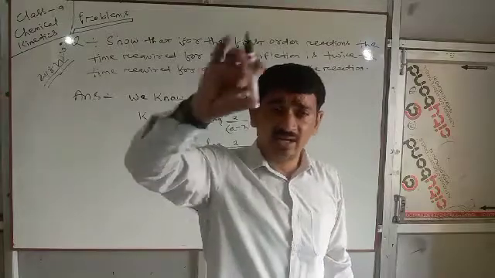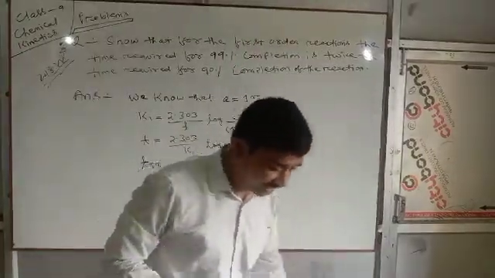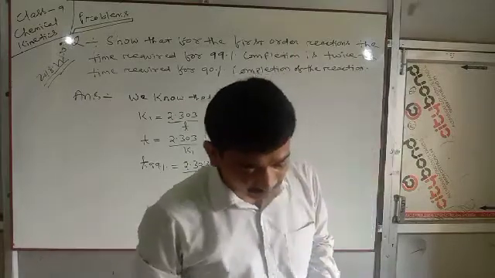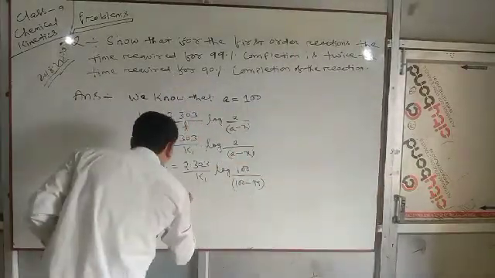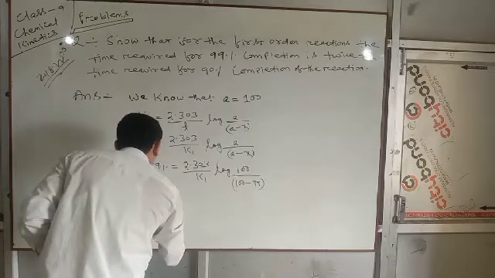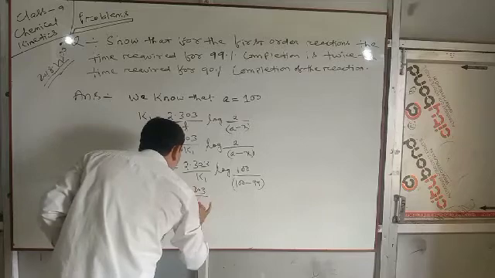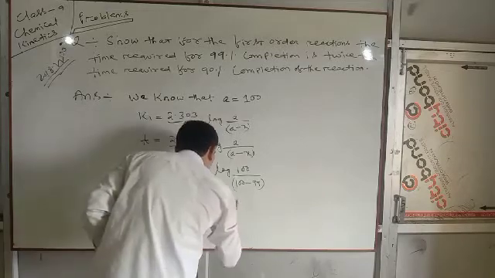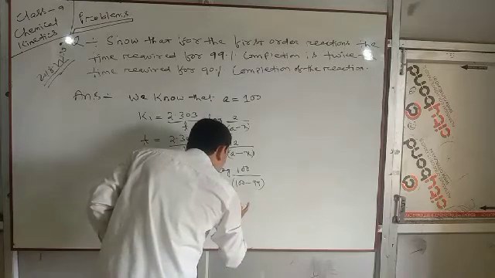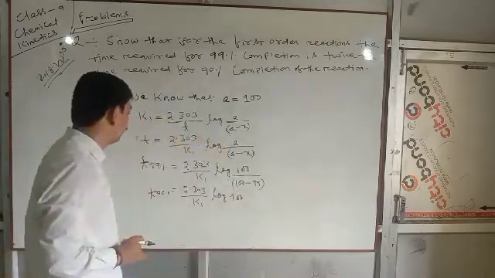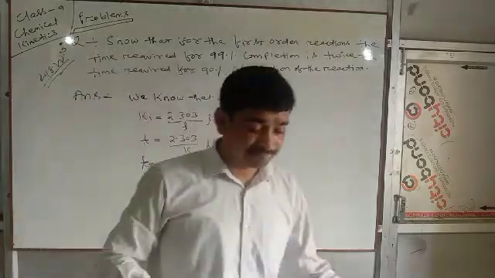For 99% completion, x is 99. Clear? So 2.303 by k1 log 100 by 1, this is 100.